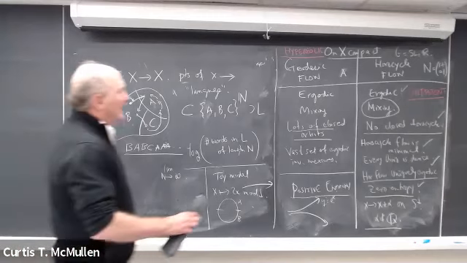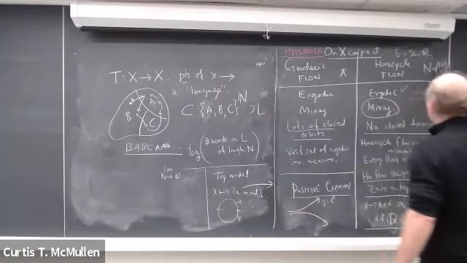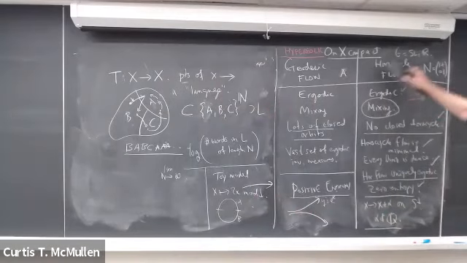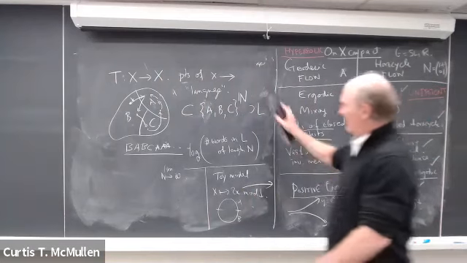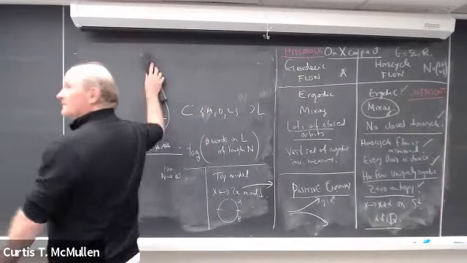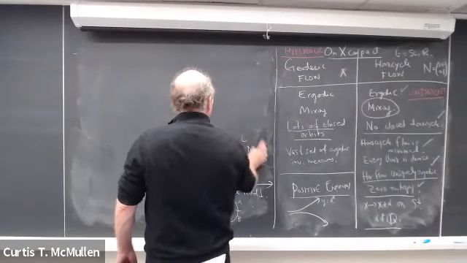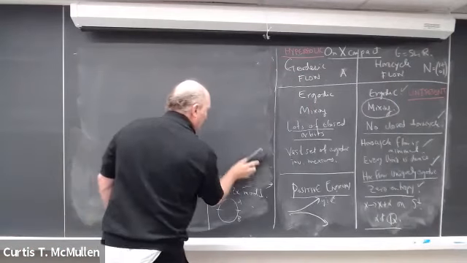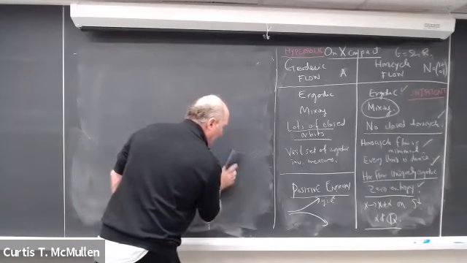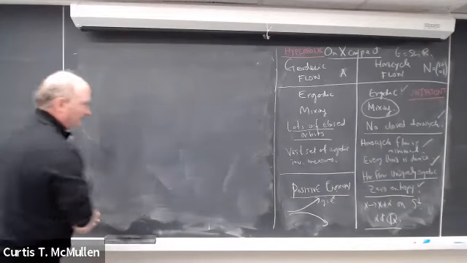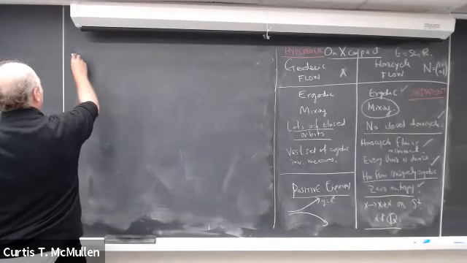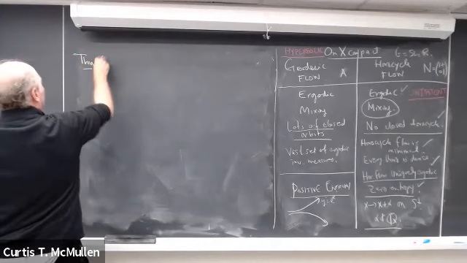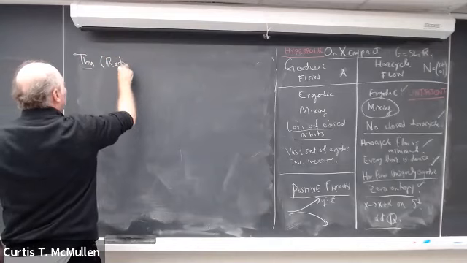Okay, so what I'd like to do is proceed now to the formulation of Ratner's theorem, which will be the general setting that captures all these good features of a horocycle flow. And I have enough time to just state it, so let me state it. This is the theorem of Ratner.